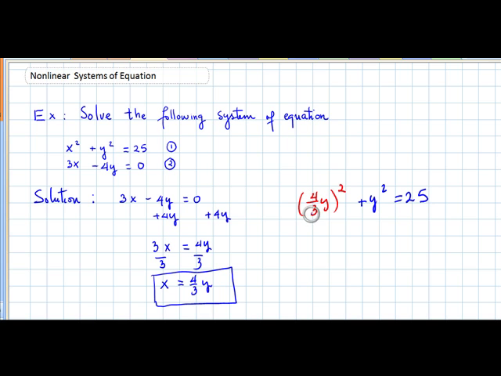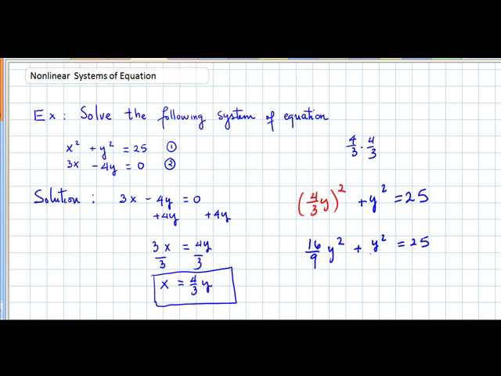This 4 over 3 squared means 4 over 3 times 4 over 3. So I have 16 over 9 y squared plus y squared equal to 25. And these two are like terms, so we can add them together.